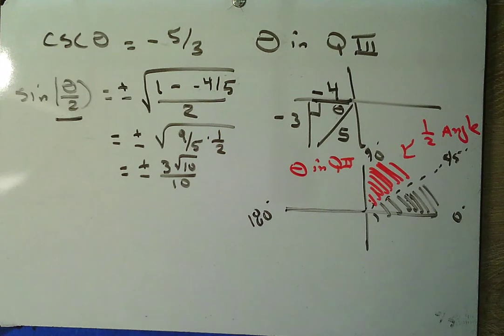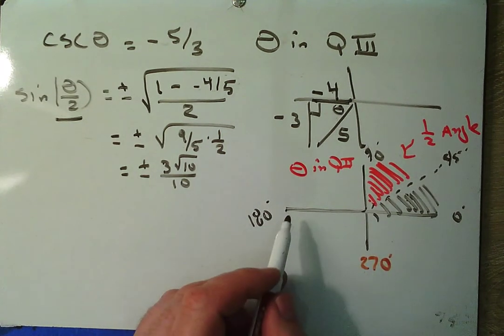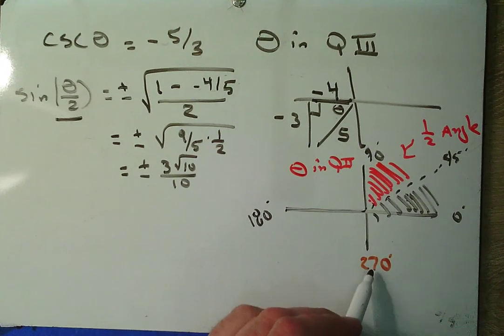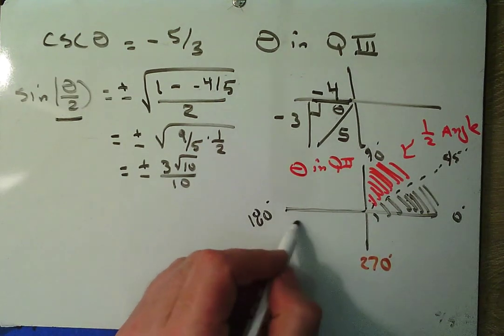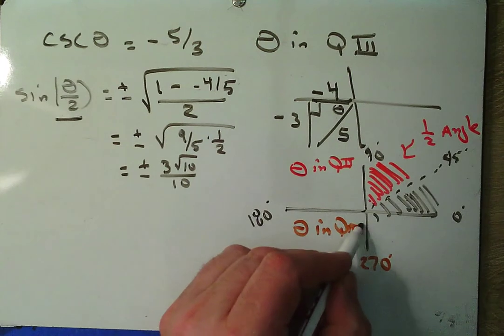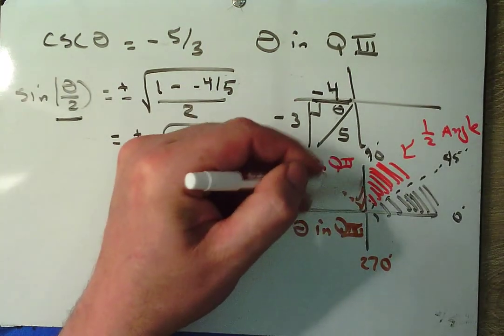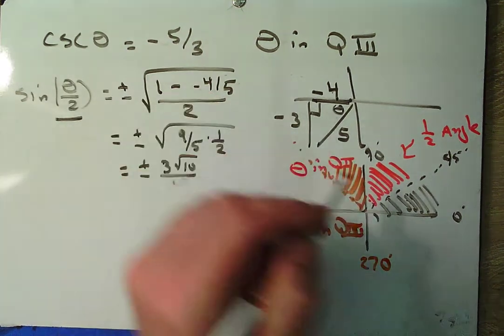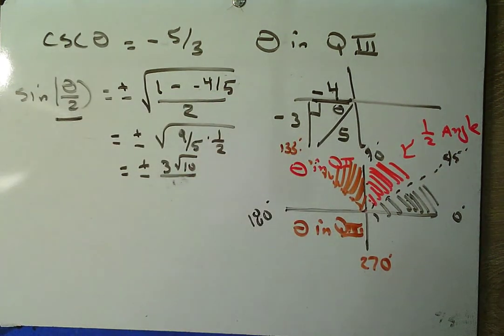Well, what about a third quadrant theta? Well, third quadrant goes between 180 and 270. Half of 180 is 90, and half of 270 is 135. So if theta is in quadrant 3, half of that would have to live here, between 90 and 135 degrees.